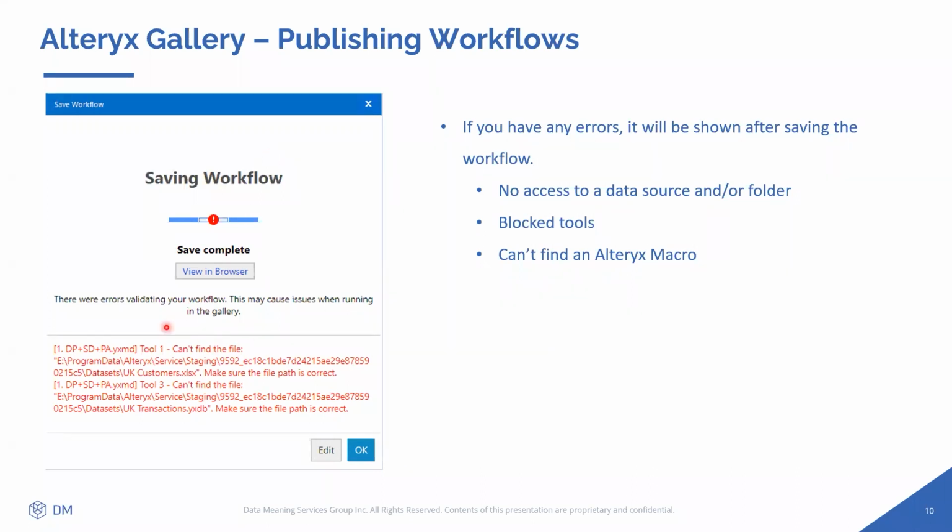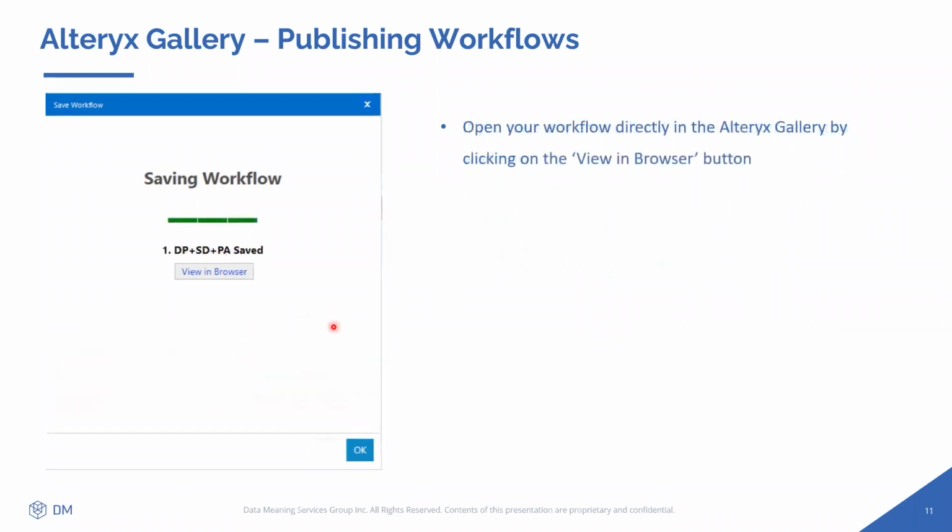The first option is saying that maybe you will have some issues when running in the gallery, and also this one was validated. So it was not run. It was that check that I talked about, I think, in the second or third session, mainly looking at the permissions, whether you have all the permissions to use the specific tools, or you have all the tools in your workflow, but it's not actually running your workflow.